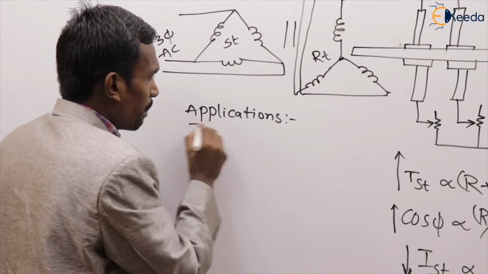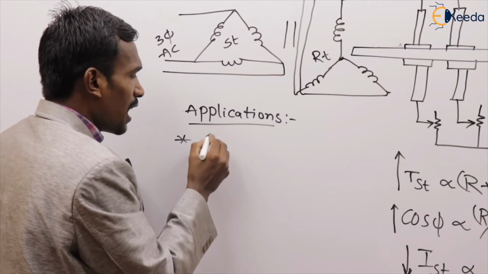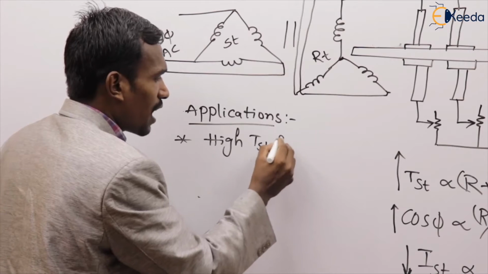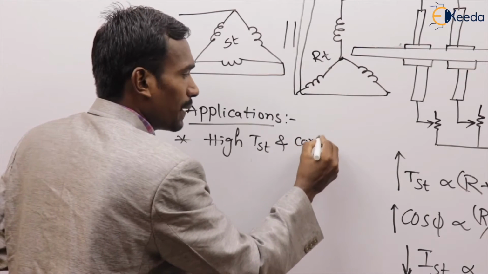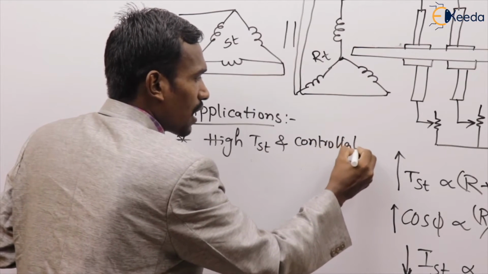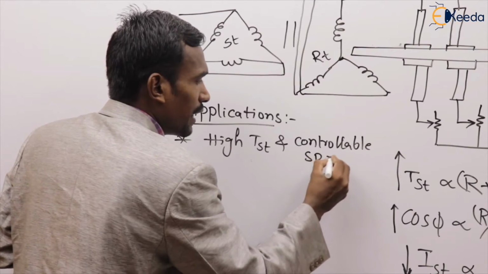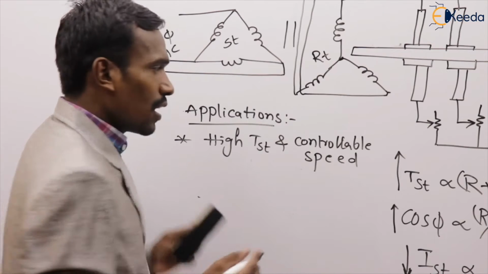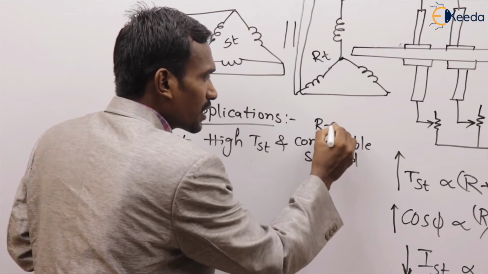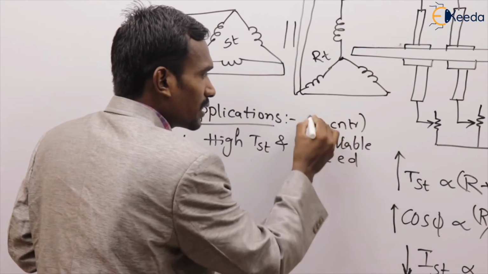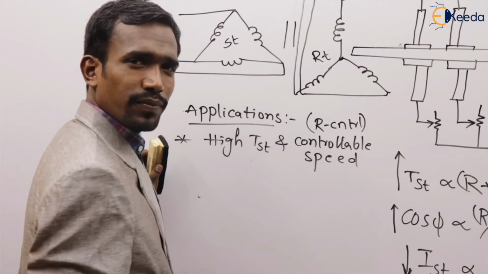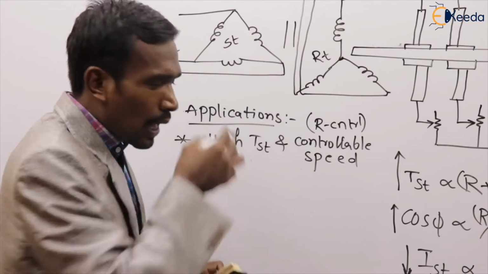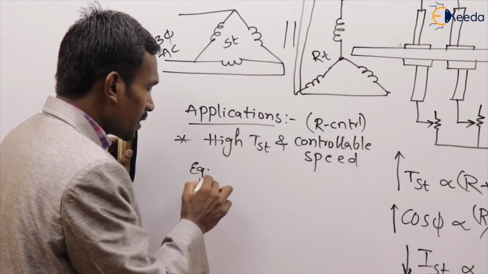Applications where we are using generally high starting torque and controllable speed applications. Controllable speed, nothing but resistance control speed. By controlling the rotor resistance, we can control the speed. What are the application examples?